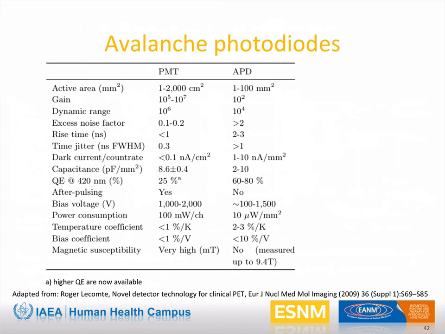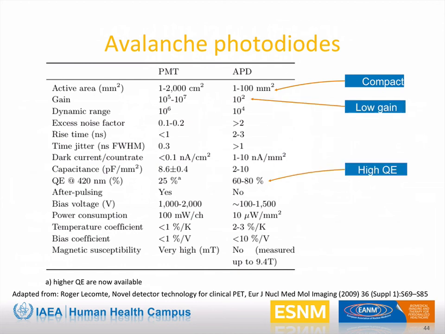A first example is the avalanche photodiode. An APD is a silicon-based device. In this table, a typical APD is compared with a PMT. The APD is really compact and can be used to read out the scintillation light.